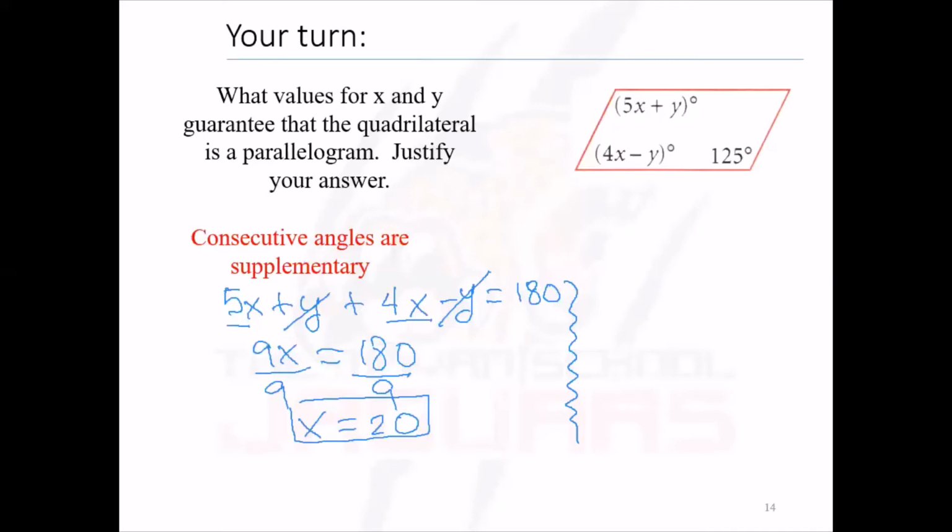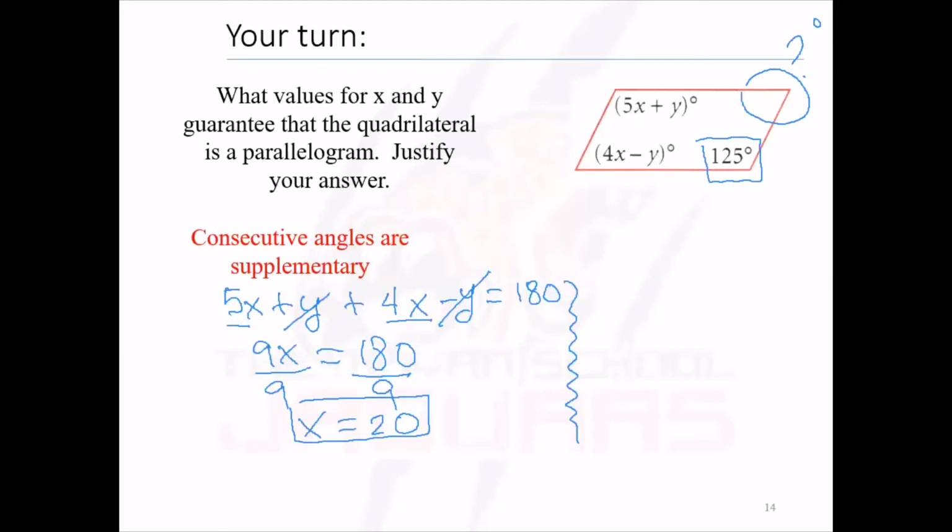I can, for example, one way, guys, maybe you think of another one, is to see what would be the measure of this angle. And I think that you're thinking, okay, this angle that has a question mark, along with the one that is 125 degrees, are consecutive angles. So these two angles add up to 180 degrees.